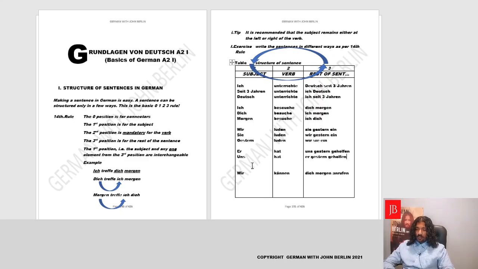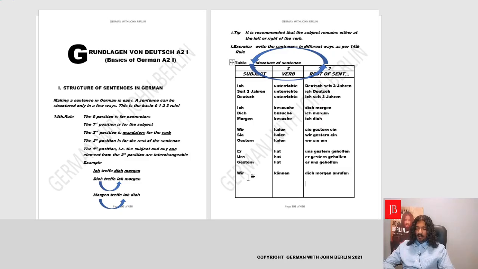Yes. Also, we could do it like this. Let's say we exchange gestern. Then we'll begin with gestern. We'll write hat. Then we'll write here again the subject on the right of the verb. Gestern hat uns geholfen. Yes, fantastic. Let's do the last one.